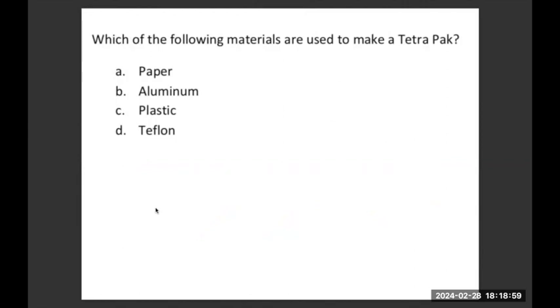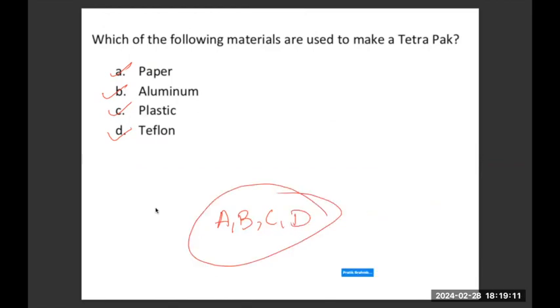Which of the following materials are used to make Tetra Pak? In this case, all the materials, paper, aluminum, plastic, and Teflon, are used for making Tetra Pak. In the exam, how these kinds of questions will be asked is, you will be given an option, and against each option, there could be a tick box where you can have multiple ticks.